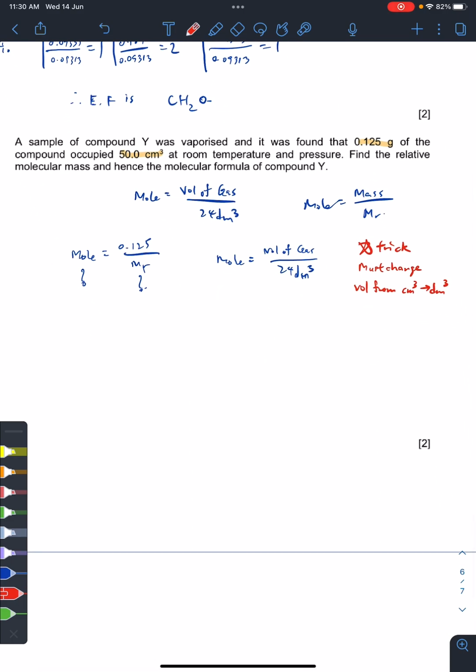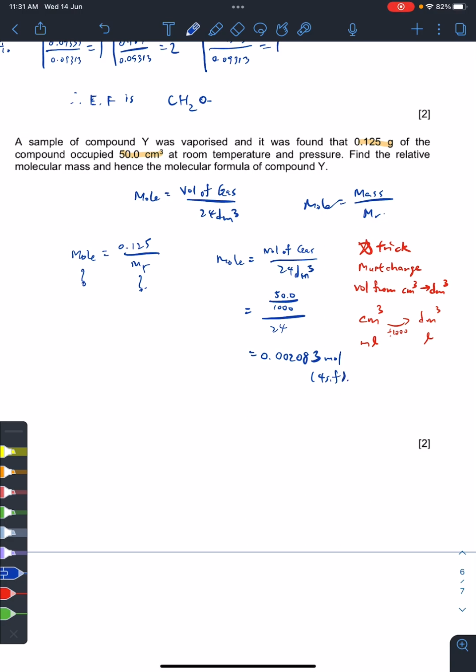Don't need to panic, because cm cube is essentially milliliter and dm cube is liter, so you can just divide by 1000. So equal to 50.0 divided by 1000 divided by 24, which is 0.002083 mole, again 4 sig fig.